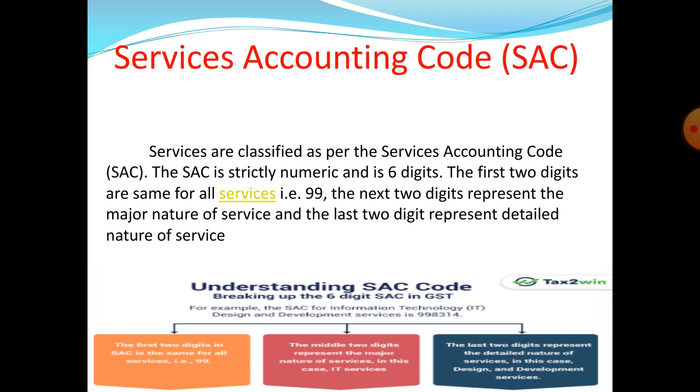The last 2 digits represent the detailed nature of service related to IT design and development services. On that background the SAC code was developed and framed, and HSN and SAC codes are used for identifying and classifying a commodity or service for the effective mechanism of GST.